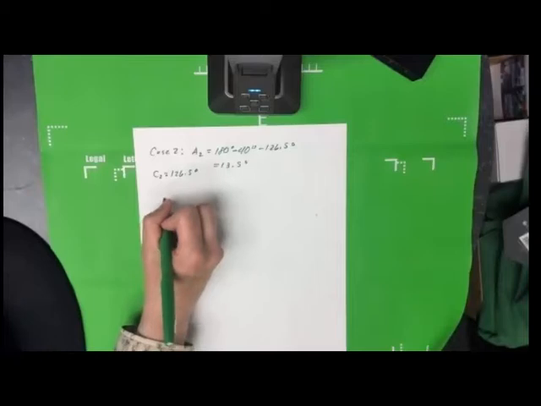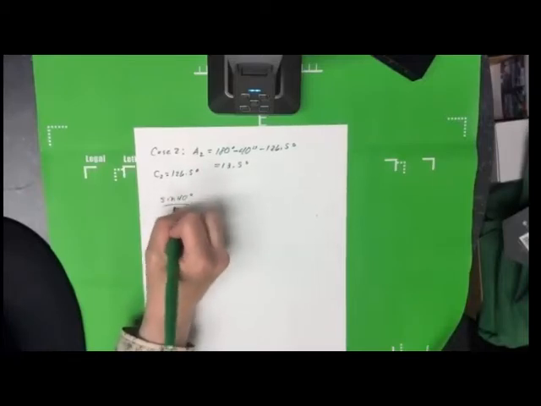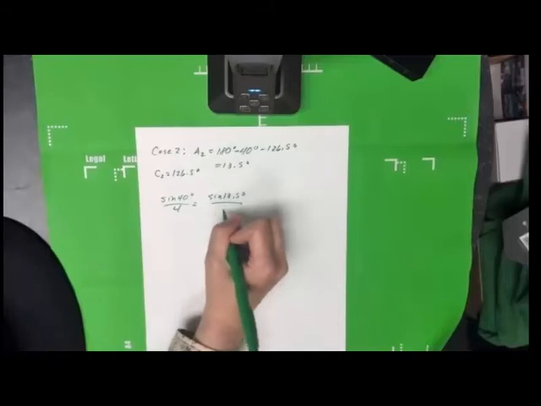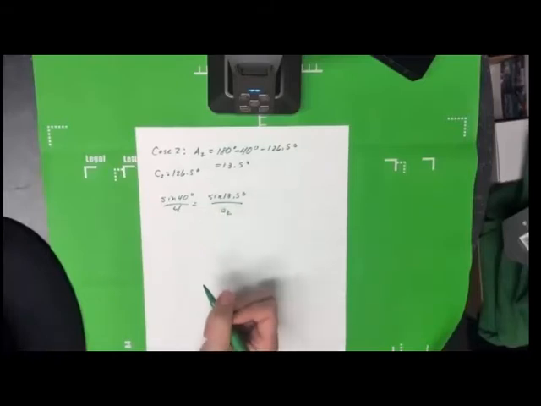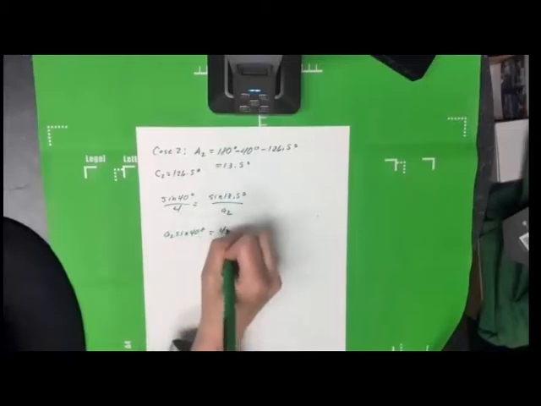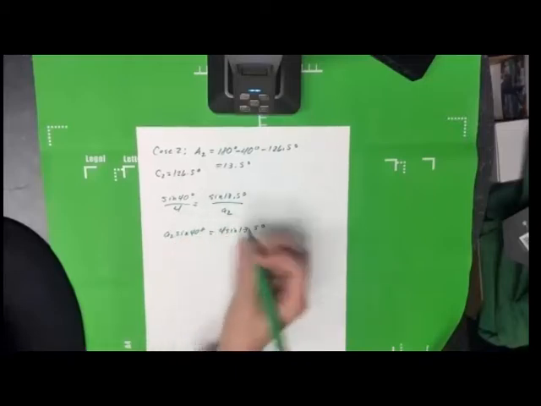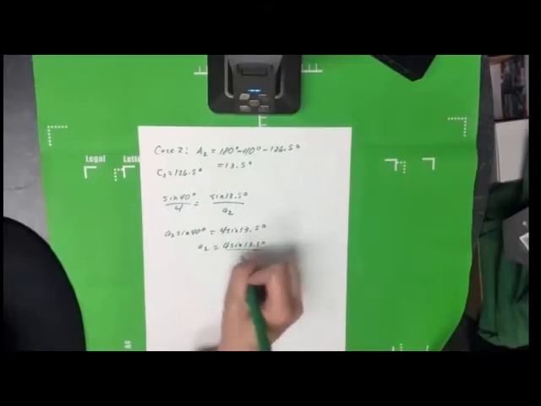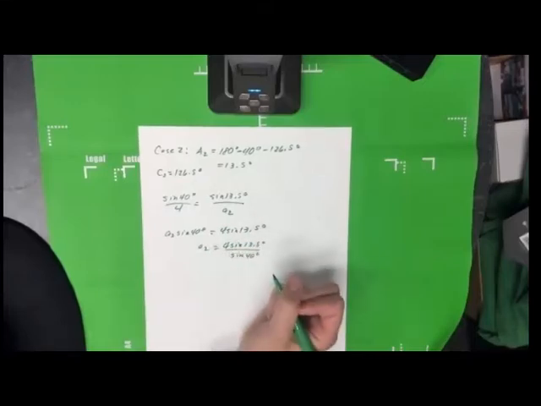And so we have sine of B, that's sine of 40, is to 4 as sine of 13.5 is to, we'll call it A2. So A2 times sine of 40 is 4 times the sine of 13.5. So A2 is 4 sine 13.5 over sine of 40. And so side A2 is about 1.45.